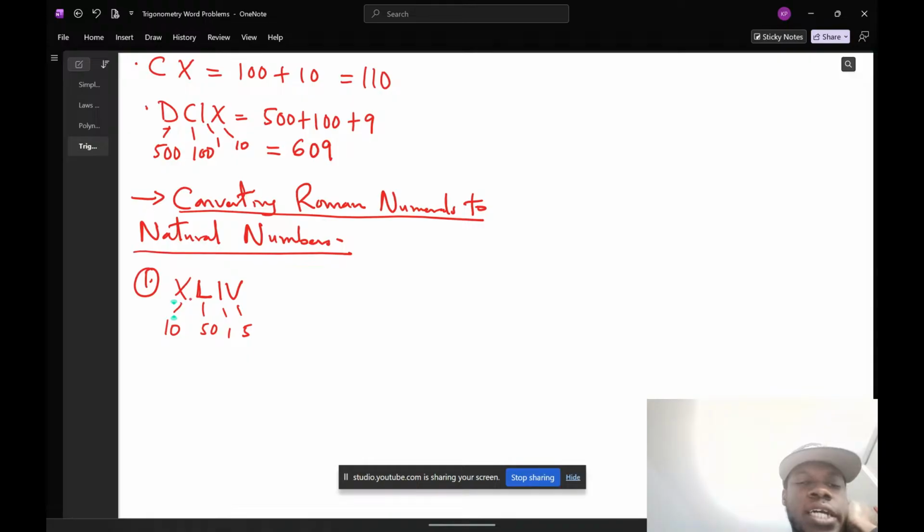But we notice that X is written before L, so that will be 50 minus 10. And we notice that I is written before V, so that will be 50 minus 10 plus 5 minus 1, right? So 50 minus 10 will give us 40, plus 5 minus 1 is 4. So 40 plus 4 is 44.